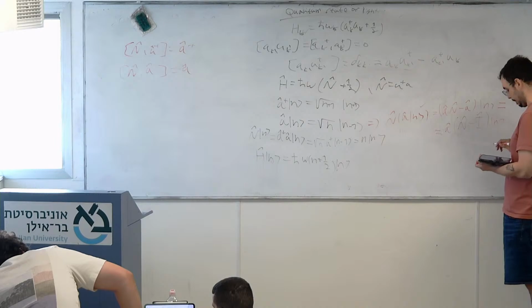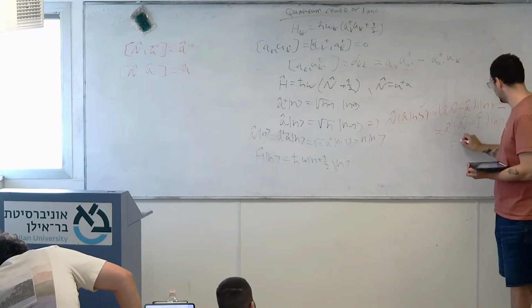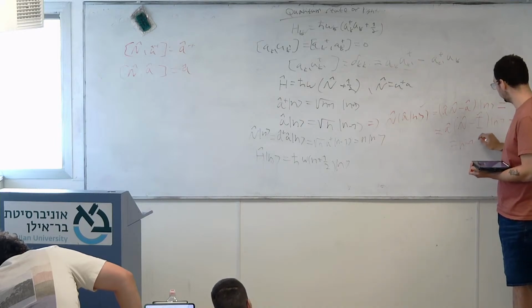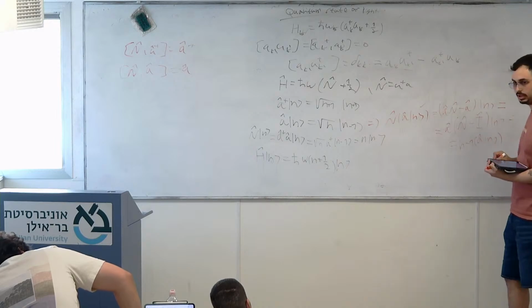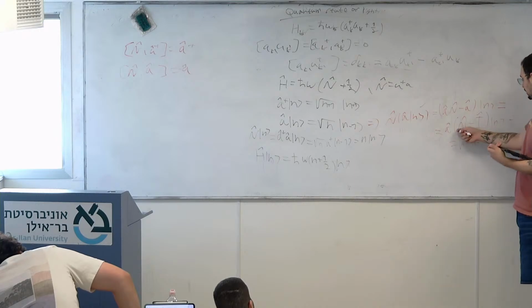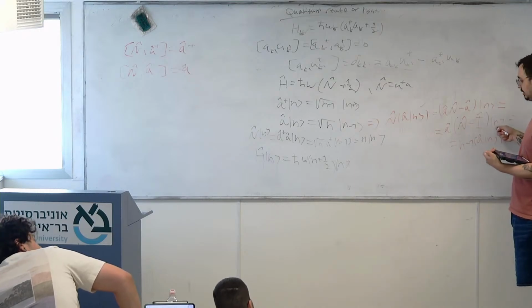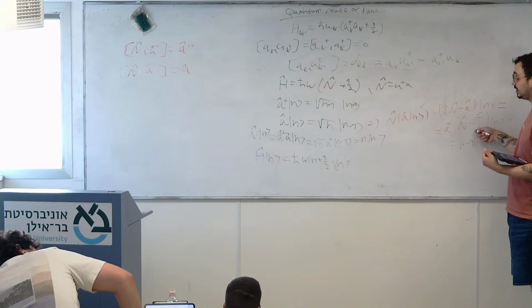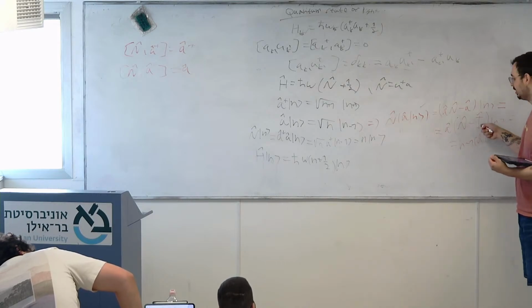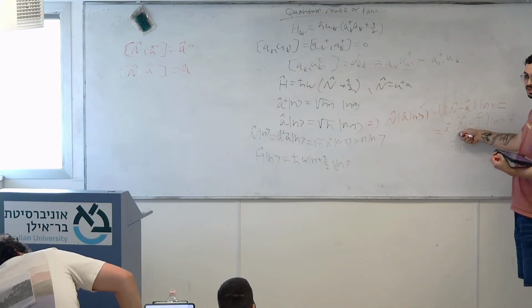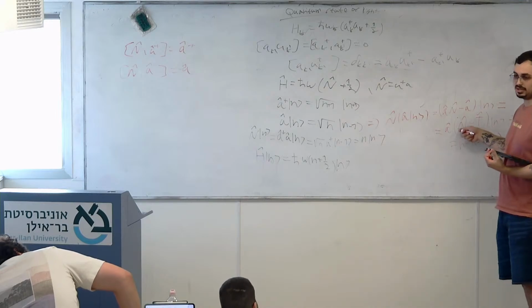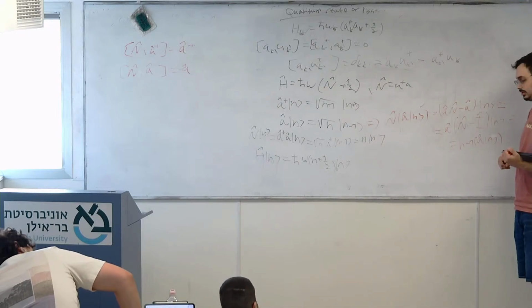And overall we'll get n minus 1 times a on n, right? Because n is obviously an eigenstate of the identity with the eigenvalue of 1, and it's an eigenstate of n with the eigenvalue of n, since we define n as the number operator.